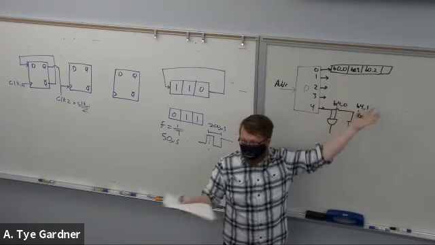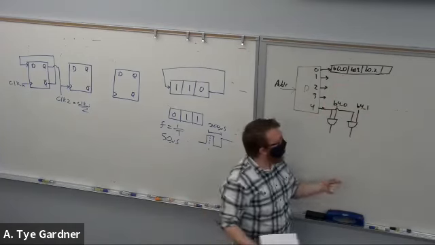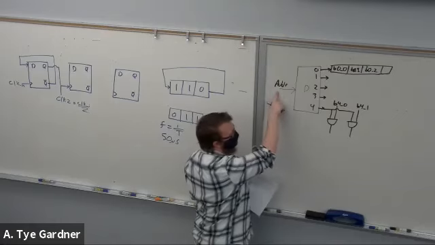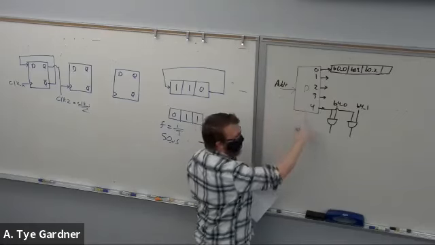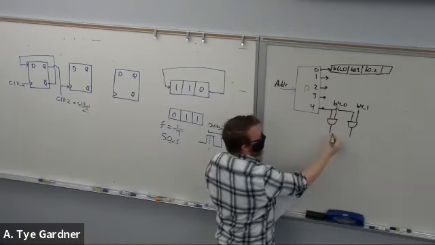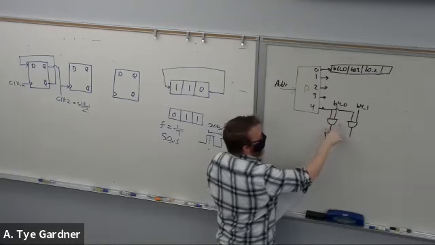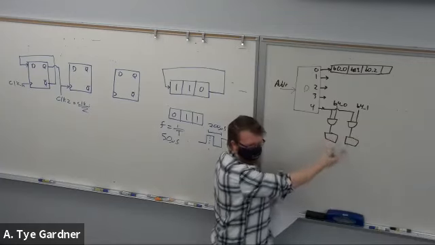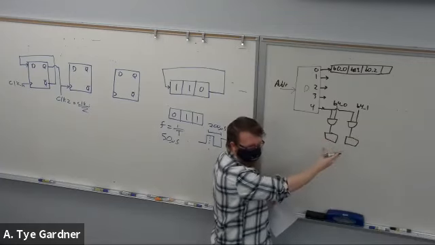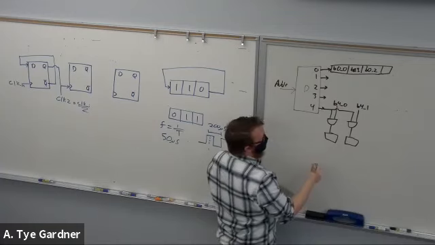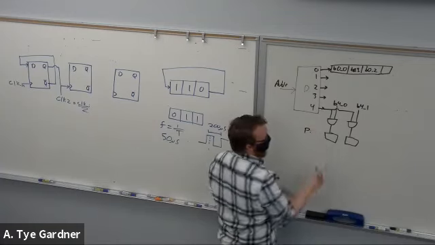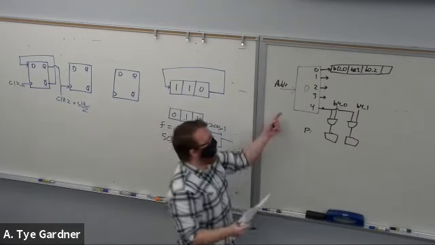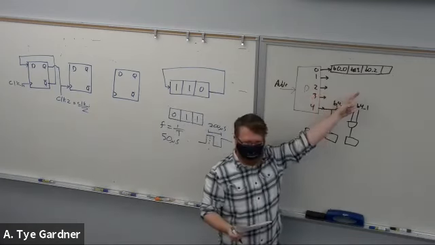That can just be a 1 or a 0, it's just a bit. If I give the address of 4, then it would take the contents of these AND gates and put them into some form of register here. Let's call that register P for the parallel output. I give it one address, I get n bits, however many bits are there.